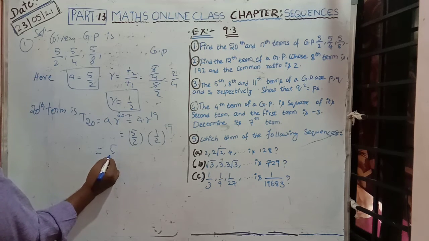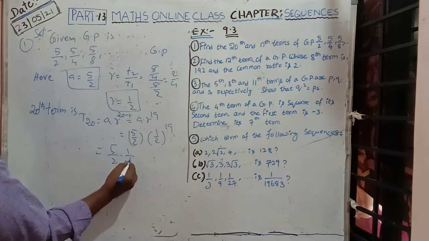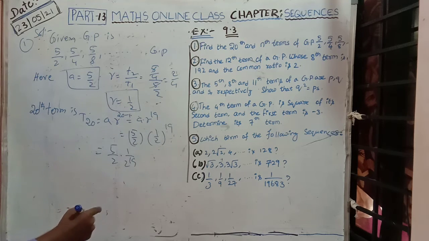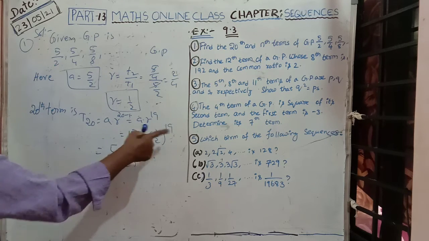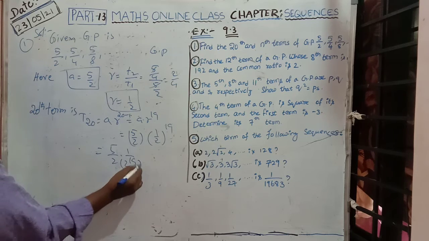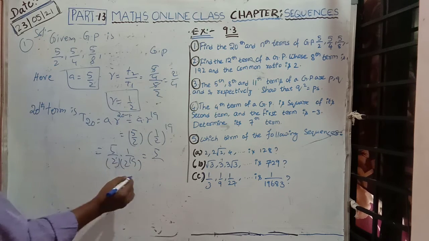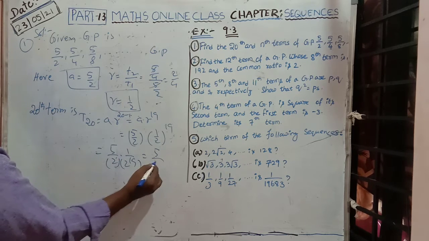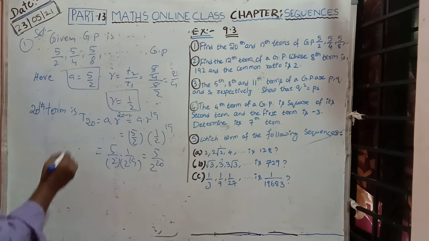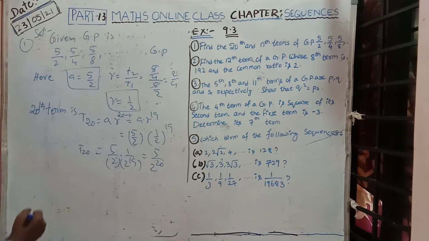That is 5 by 2 into 1 by 2 power 19. 1 power 19 is 1. In the denominator, 2 power 1 into 2 power 19. 2 power 19 plus 1 is 20. So that is T20.